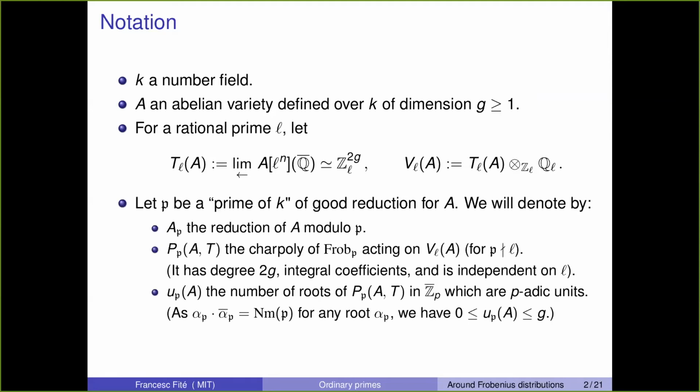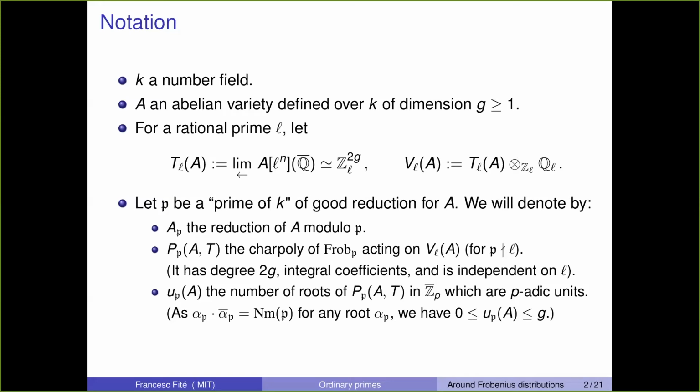Now let me attach to every prime of good reduction of A three notions. So let p be a prime of K of good reduction for A. By prime of K, I mean a non-zero prime ideal of the ring of integers of K. Then I will denote by A_p the reduction of the abelian variety modulo p.